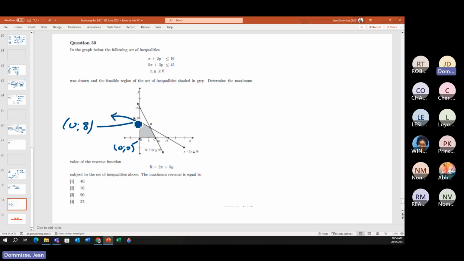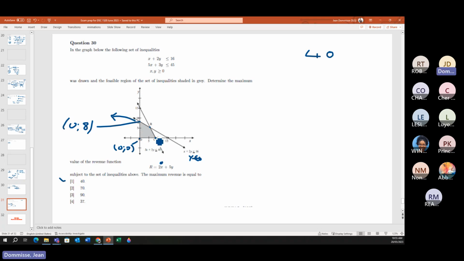The reason I can say y is 8 is if I look at this formula, 2y was 16. So if I divide by 2, y would have been smaller or equal to 8. So I can put 8 in here, and that is 0. 5 times 8 is 40. So one of the options that I get is 40.